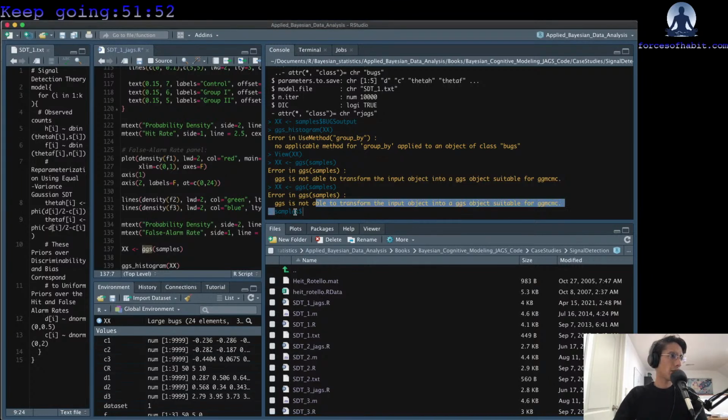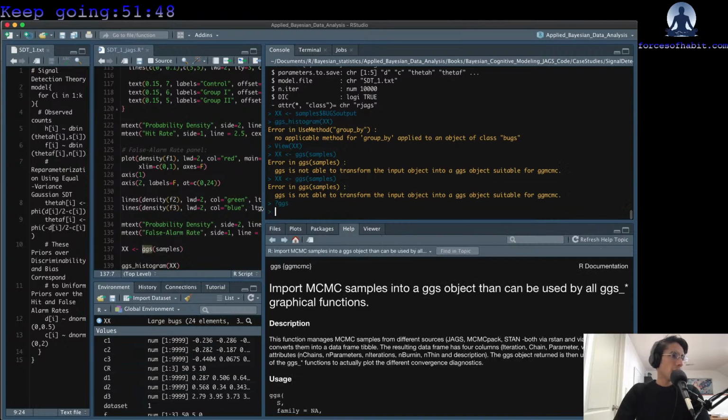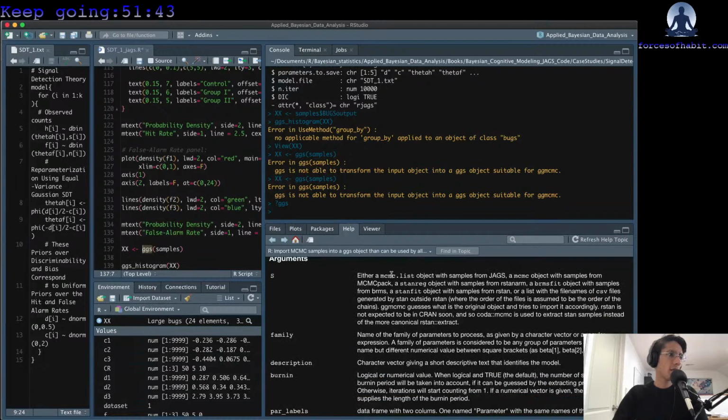F is either an MCMC list object with samples from JAGS or an MCMC object with samples from MCMCpack.